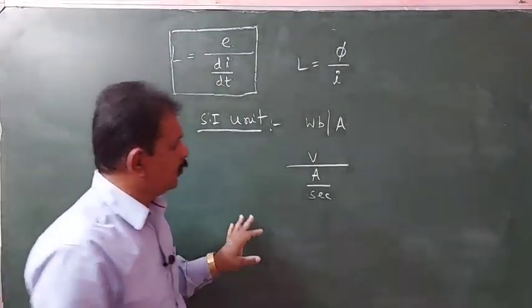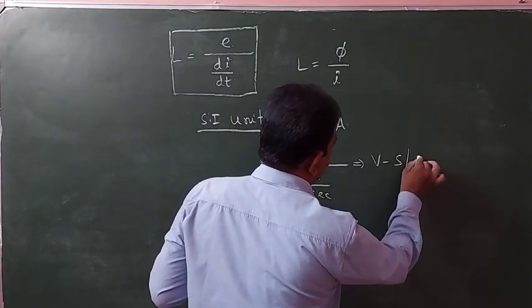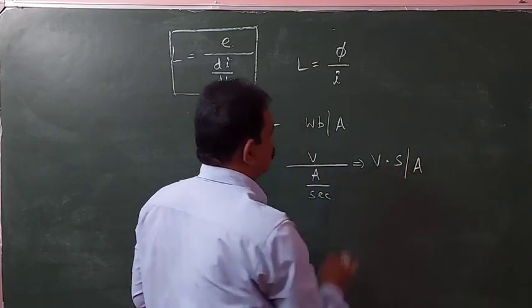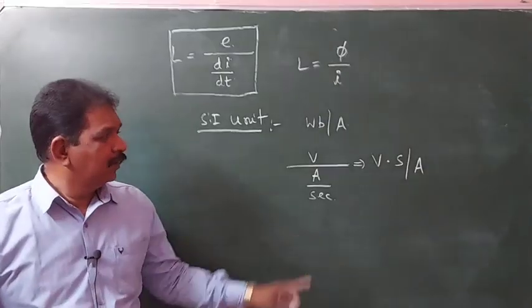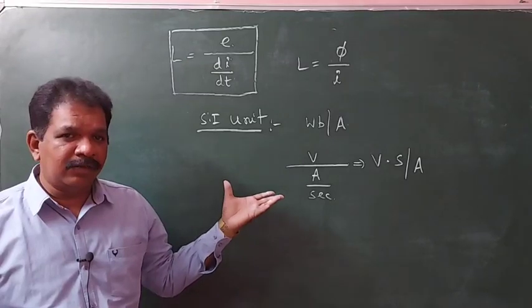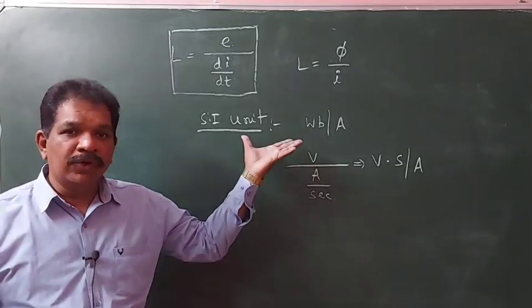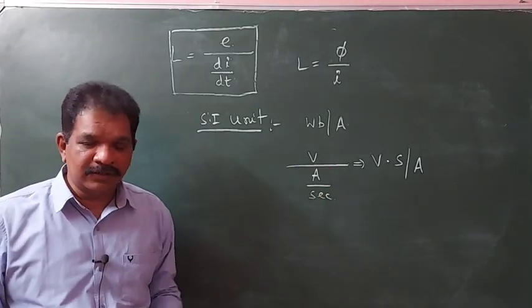So this will be volt second per ampere. Volt second per ampere is one unit, and Weber per ampere is another unit for the coefficient of self-induction.